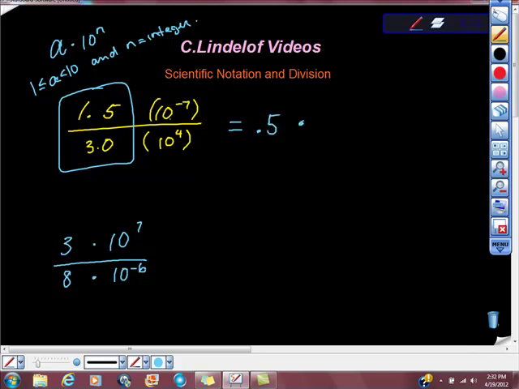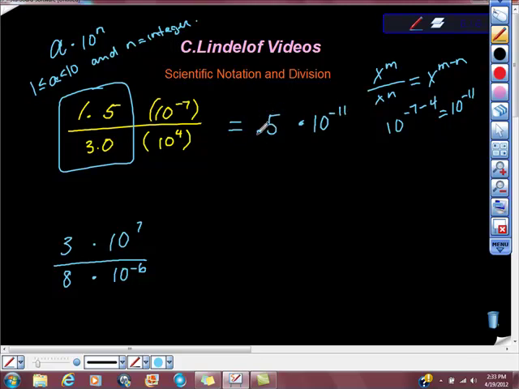And then we look at this piece, and we know that x to the m over x to the n is equal to x to the m minus n. So we're just going to use that little fact that we know and do 10, because they're both base 10, to the negative 7 minus 4, which is equal to 10 to the negative 11th power, right? So we get 10 to the negative 11th power.